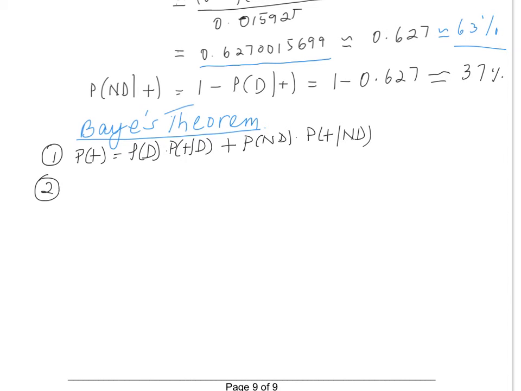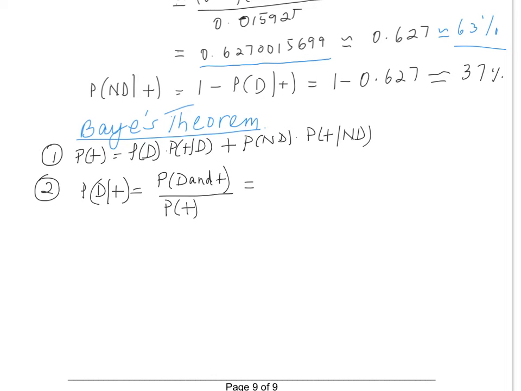Our second step was finding the probability that someone has the disease given that they show positive. And we first used the formula, which is derived from the multiplication rule, and that is the probability that someone has the disease and shows positive over the probability that someone shows positive.